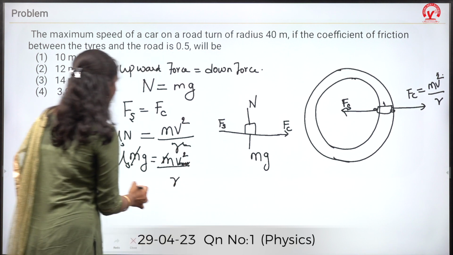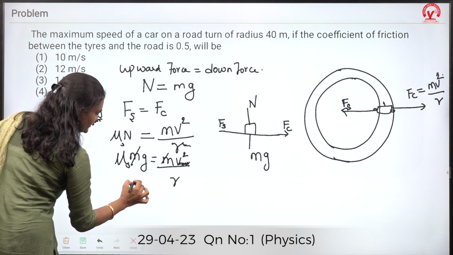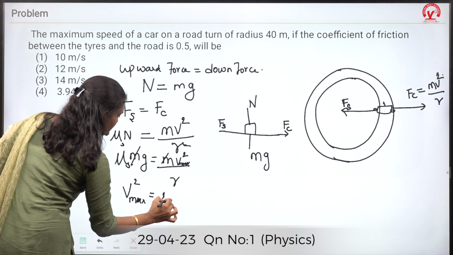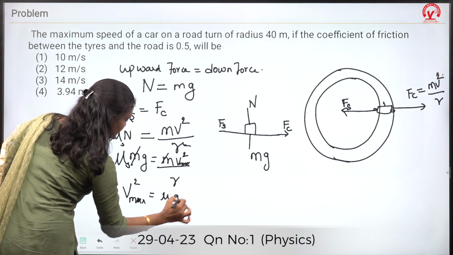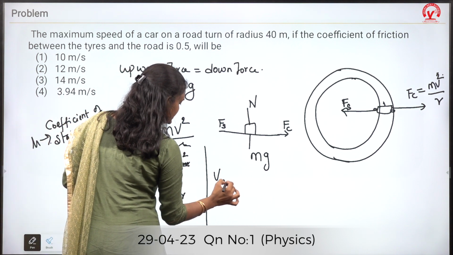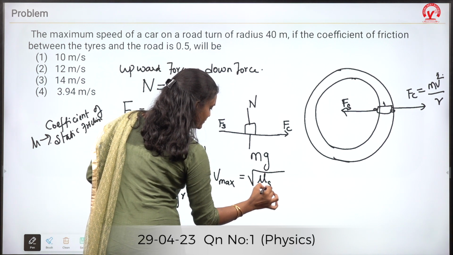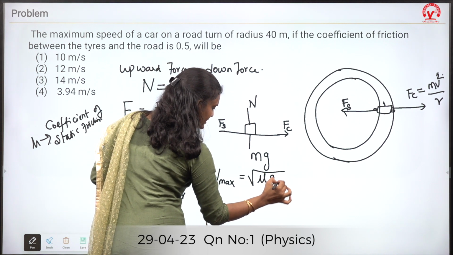So V max squared is equal to mu s g r, and V max is equal to root of mu s g r.